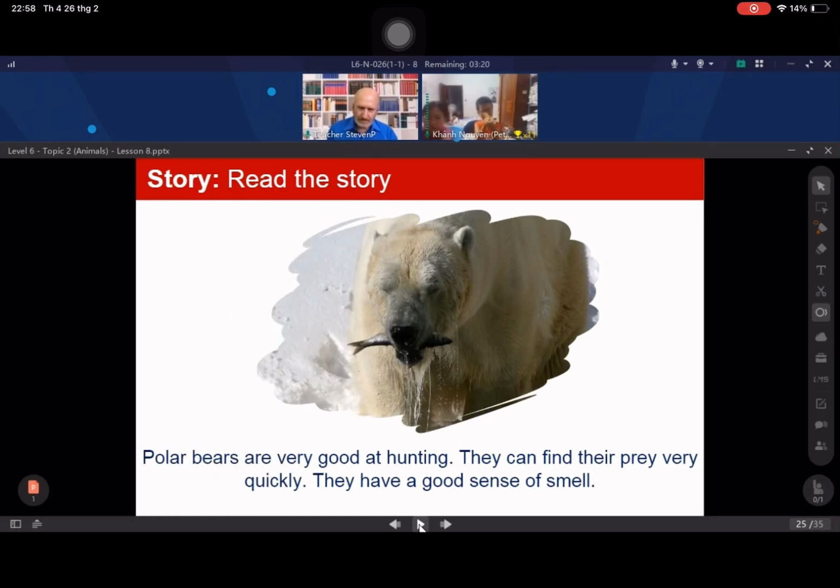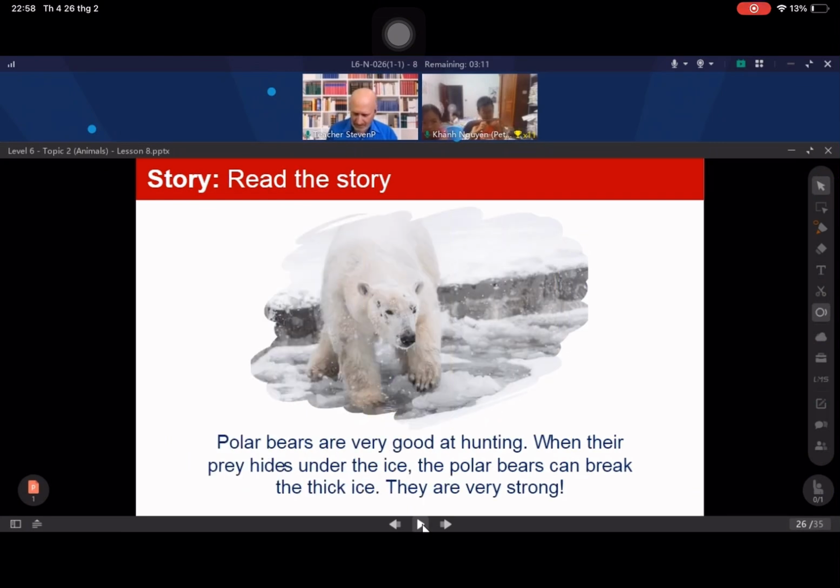Polar bears are very good at hunting. They can find their prey very quickly. They have a good sense of smell. Polar bears are very good at hunting. When their prey hides under the ice, the polar bears can break the thick ice.